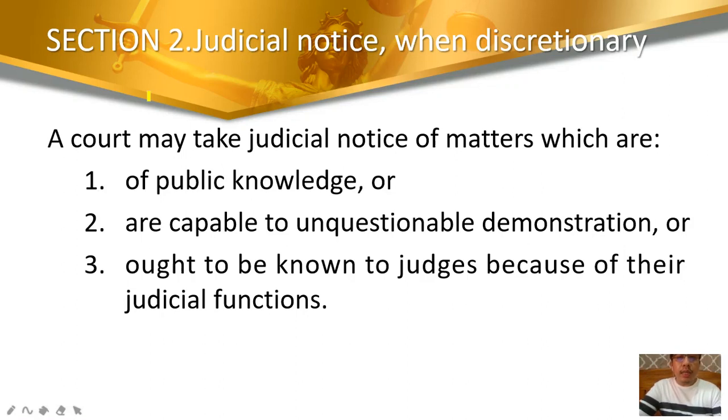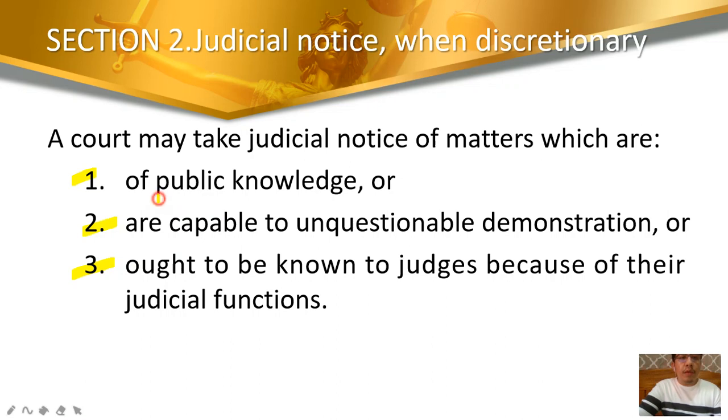Okay, so when is judicial notice discretionary? It is discretionary on the following matters. Number 1, matters which are of public knowledge. Number 2, matters which are capable of unquestionable demonstration. And number 3, matters which ought to be known to judges because of their judicial functions.